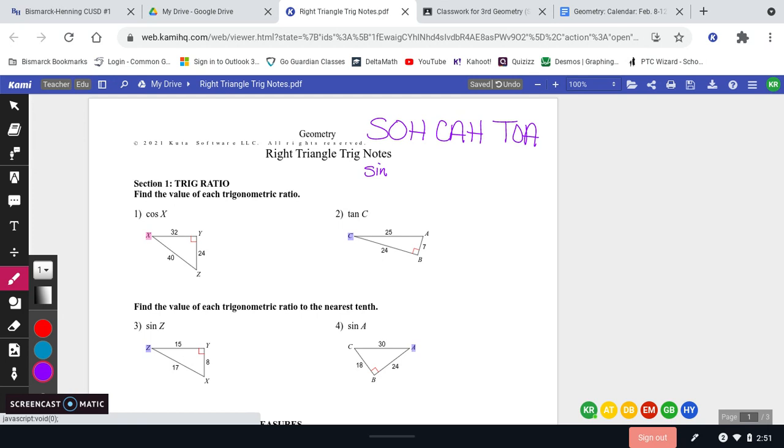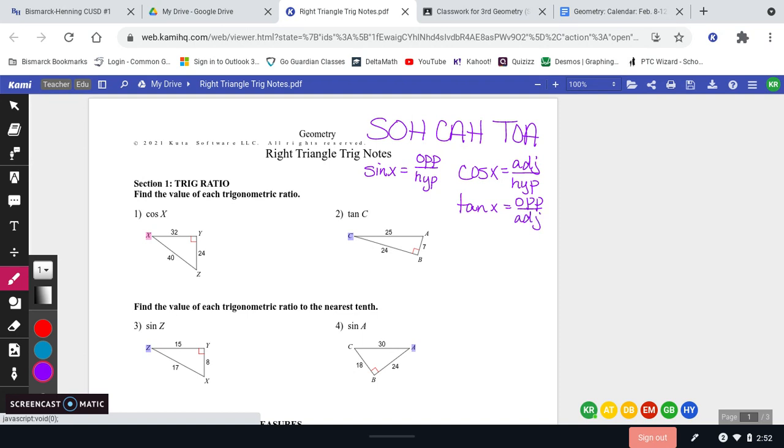So sine of an angle measure is O, opposite, over H, hypotenuse. C stands for cosine. Cosine is the adjacent side divided by the hypotenuse. And then tangent is the opposite side divided by the adjacent side.